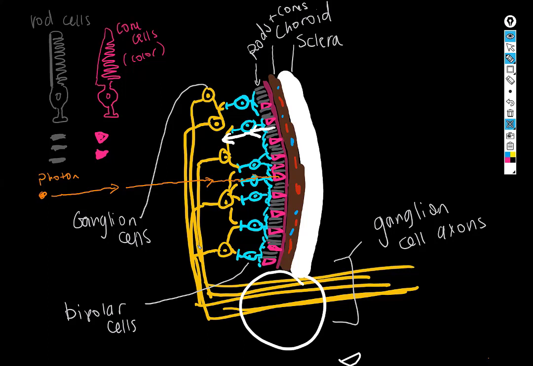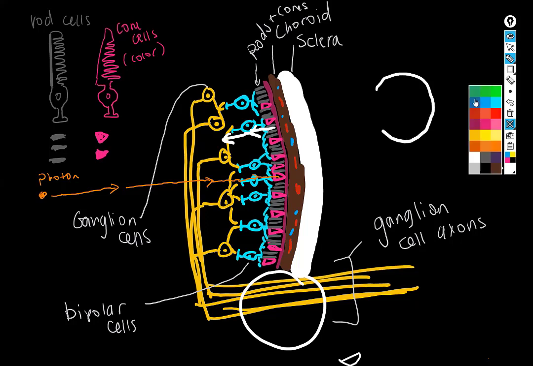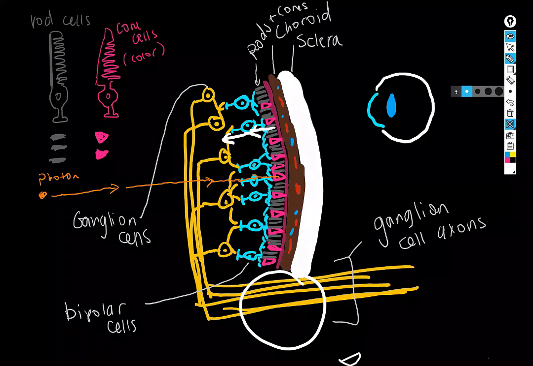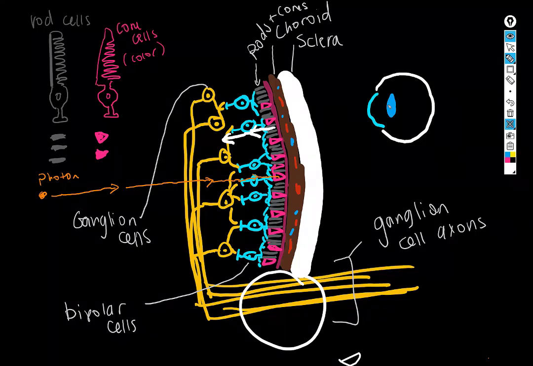Okay, so in order to form an image, and let's draw a mini eye over here. So the iris is going to control how much light gets to enter the eye.